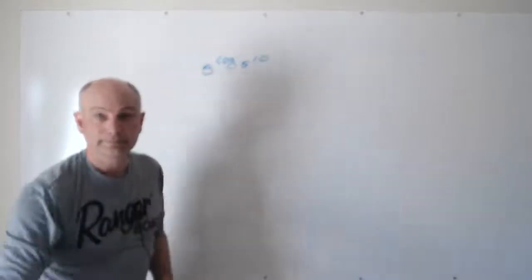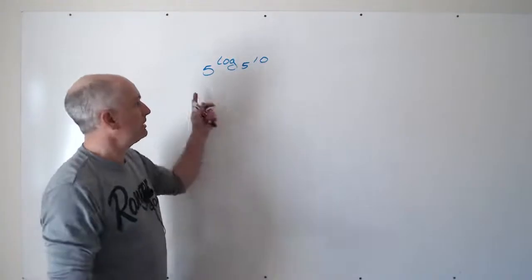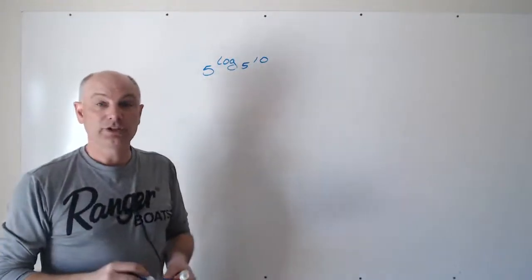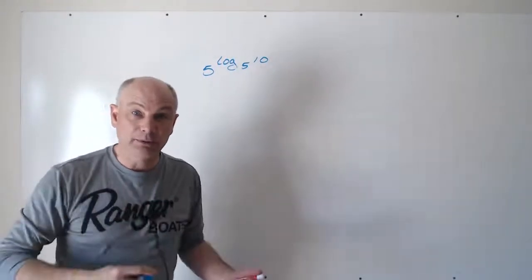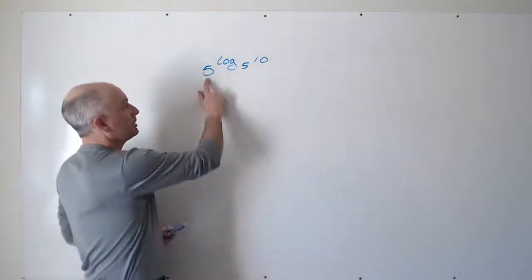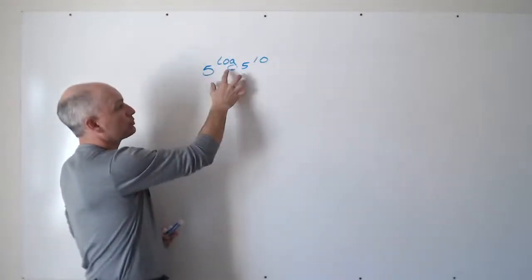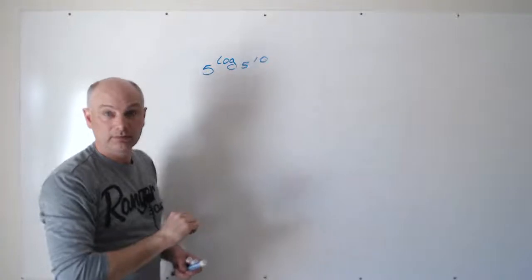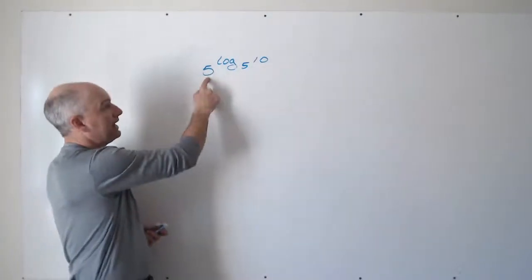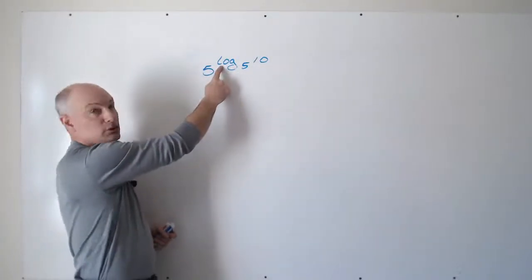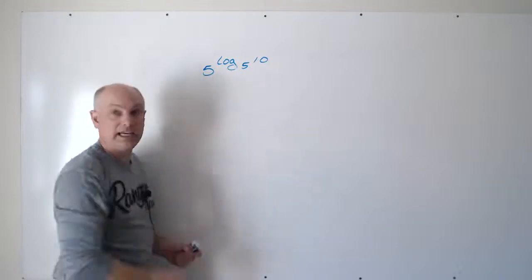All right? So what's going to happen in this particular property is we're essentially looking at inverse operations again. So here, if I have 5 and it's raised to an exponent, okay? So my base is 5. I'm raising it to an exponent of log base 5 of 10.